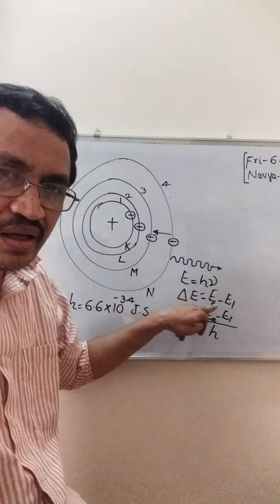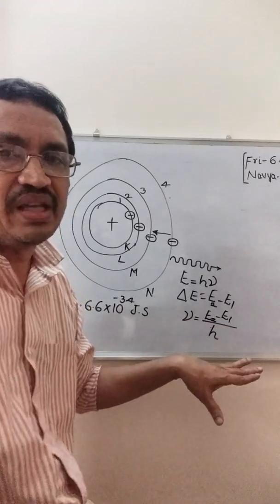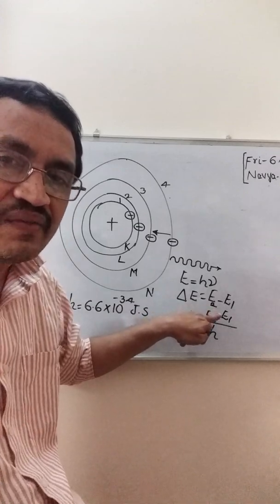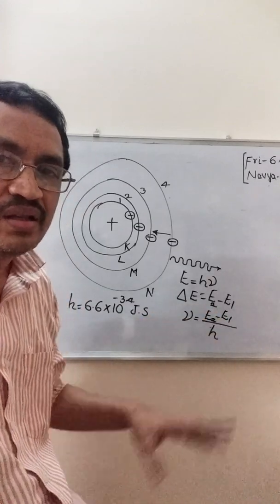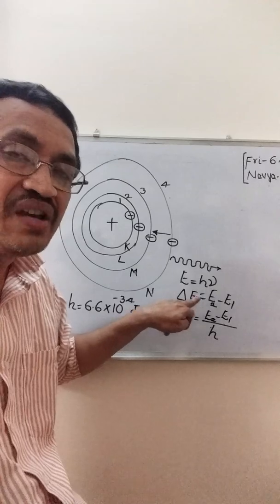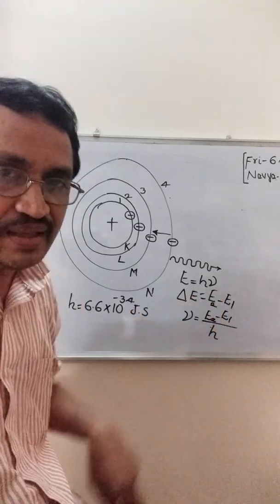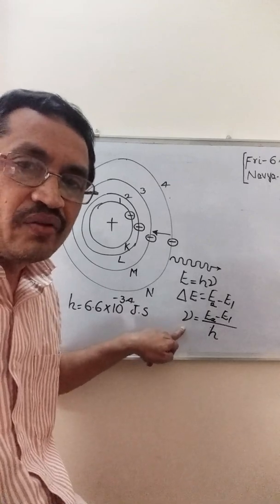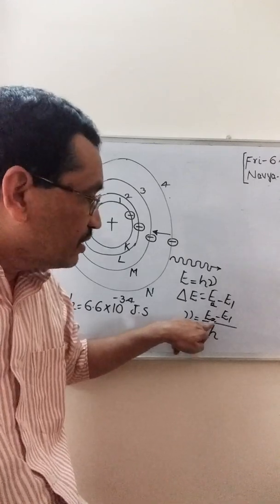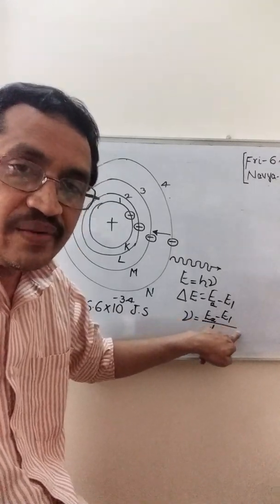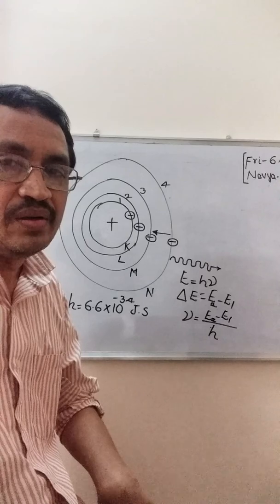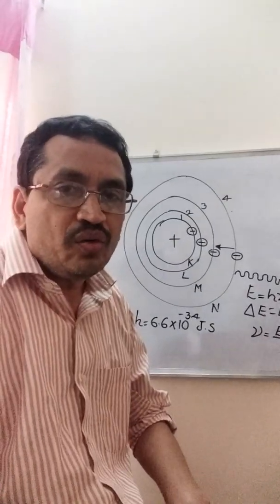If the atom is making a transition, meaning the electron is jumping from a higher orbit to a lower orbit, where its energies are respectively E2 and E1, then the emitted photon will have an energy equal to the difference in energies of these two levels, or the frequency of the emitted photon will be equal to the energy in the higher energy state minus the energy in the lower energy state, divided by Planck's constant: E2 minus E1 by h.